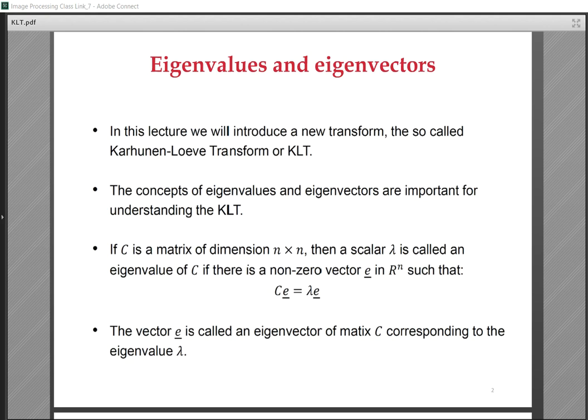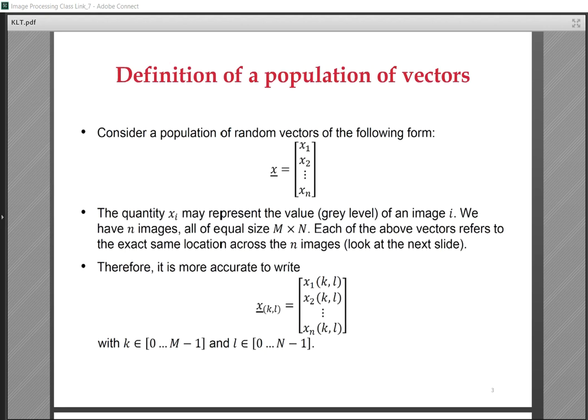Mrs. Sarah, Mr. Yasser, Mrs. Zainab, Miss Mariam. I asked, were you familiar with eigenvectors and eigenvalues or not? No answer. I asked a question.